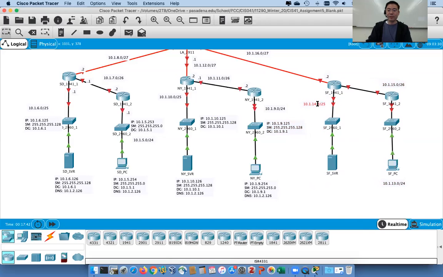Okay, this is the 14 network that's right up here. Okay. All right, so 10.1.14, this is the /25 side. 125 is over here.